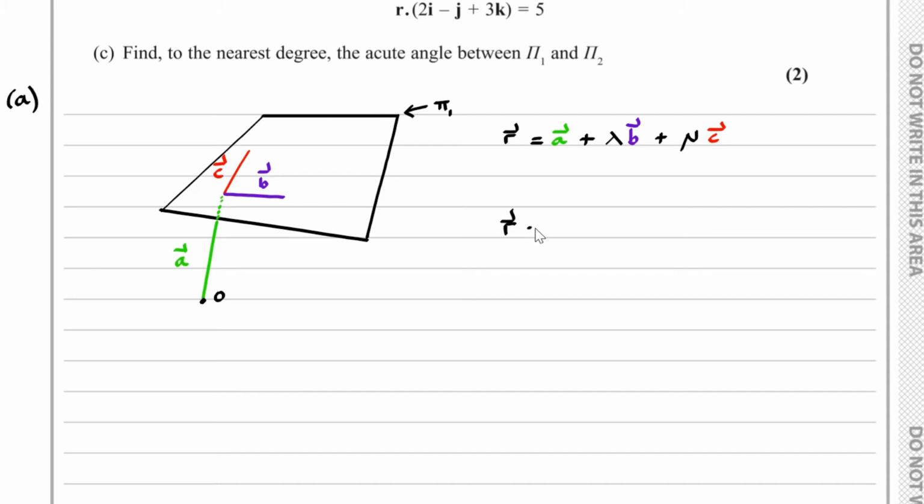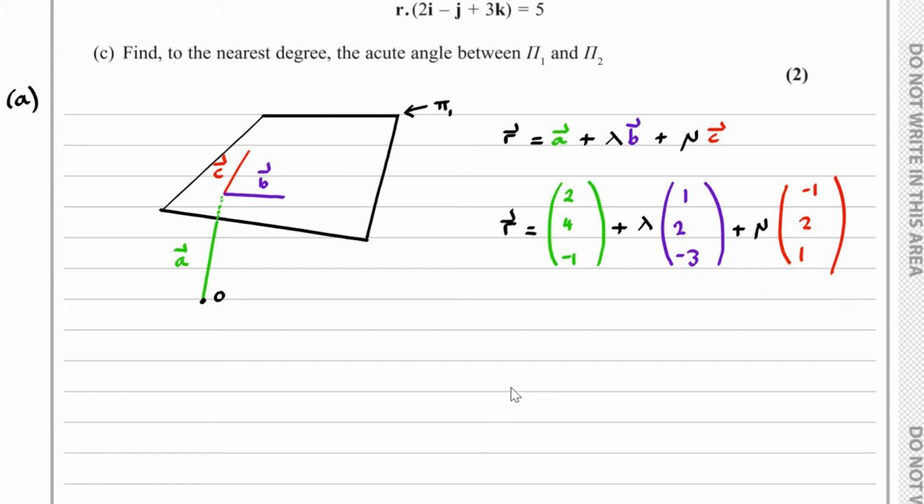So we've got R equals this vector A, which is 2, 4, minus 1, plus lambda lots of that vector B. So we have 1, 2, minus 3, plus mu lots of this vector C. So we have mu lots of minus 1, 2, and 1.